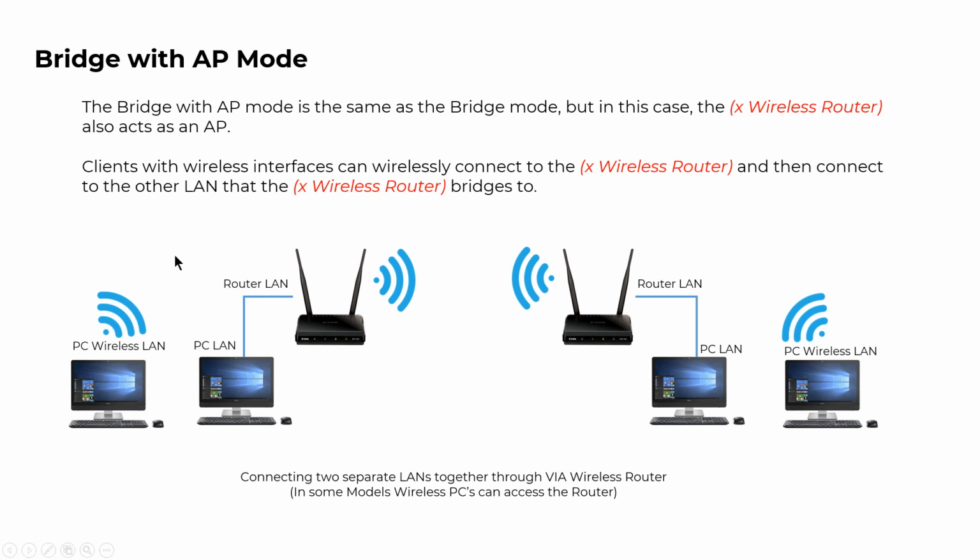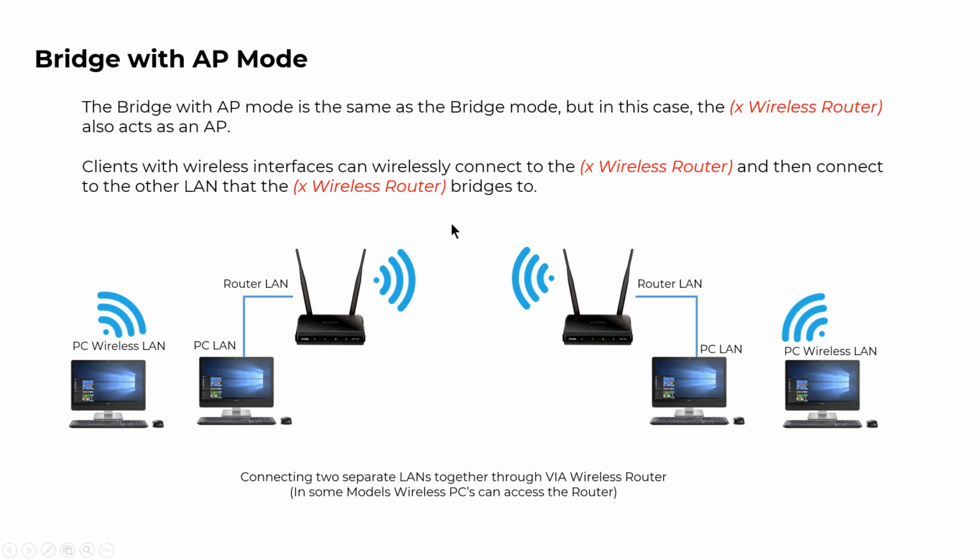In a simple bridge mode they cannot access, because the wireless device itself is not acting as an access point where people can connect using their smartphones, laptops or any small gadget, and they cannot access the resources. It just bridges the traffic for two different networks. But in bridge with AP mode, the LAN PC and also the wireless devices can access the network.